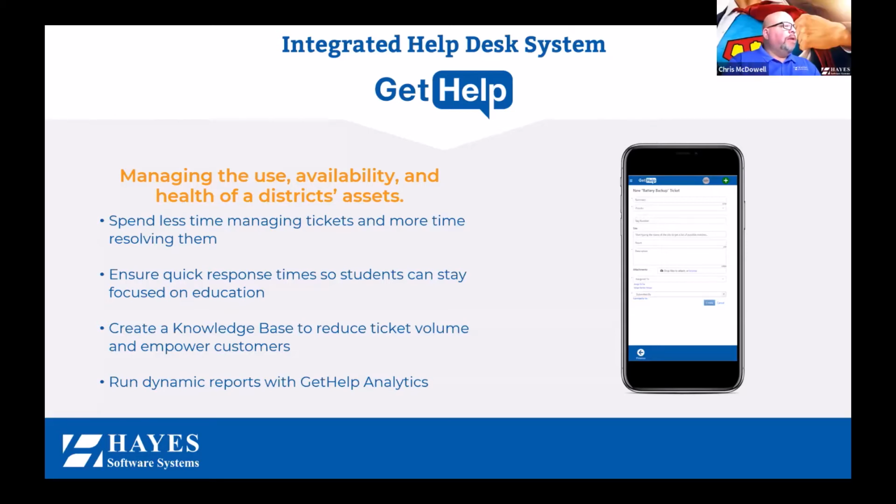I'm going to touch on that in a minute here, but basically because Get Help is communicating and pulling data from TIPWeb IT, when the student or staff member logs into the user portal, Get Help knows what devices that student or staff member already has. So it presents a selection of those devices to them. Are you having an issue with your Chromebook, or if it's a teacher, maybe the projector?